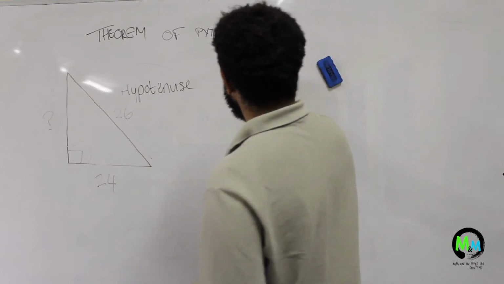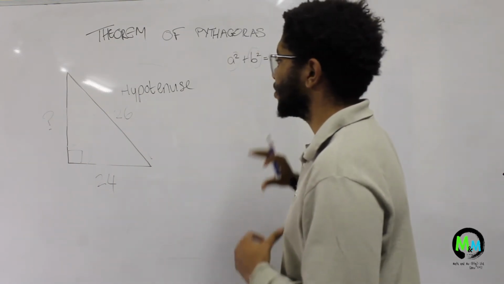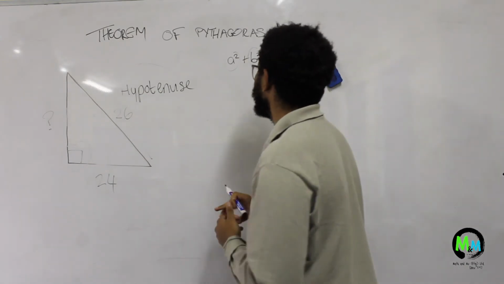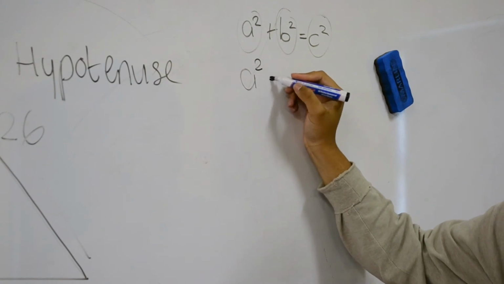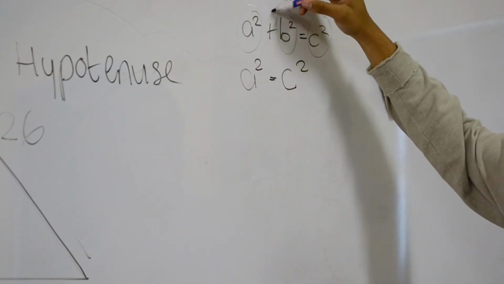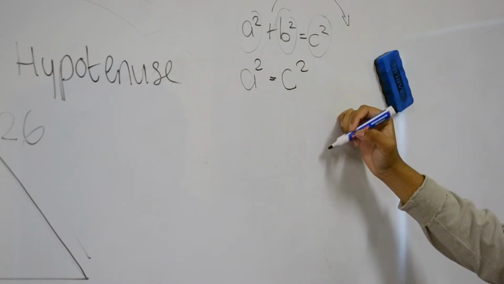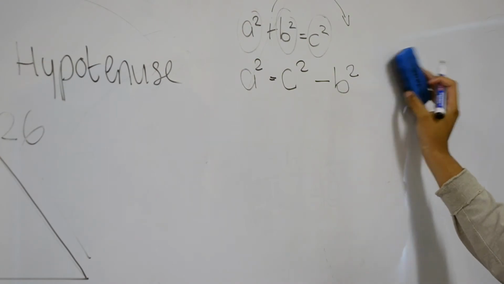Because we are trying to find a or b, I'm going to change the subject of my formula. I'm going to say a squared is equal to c squared, but now because b squared goes over, it goes from a plus b squared to a minus b squared.